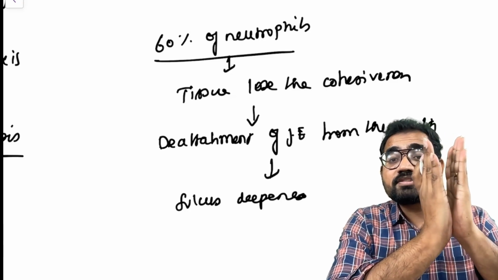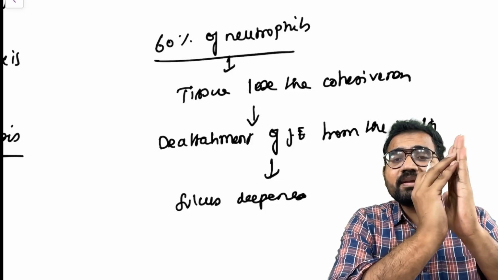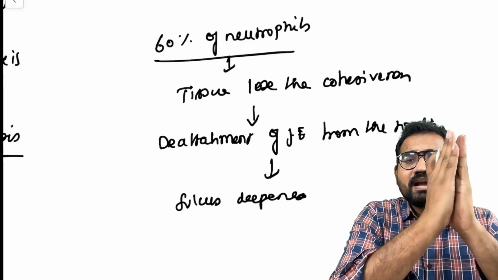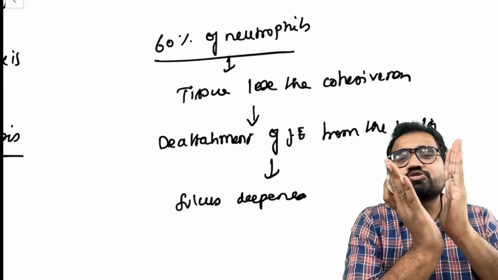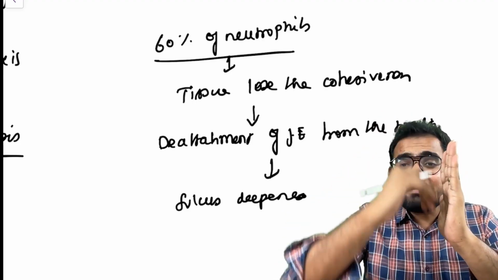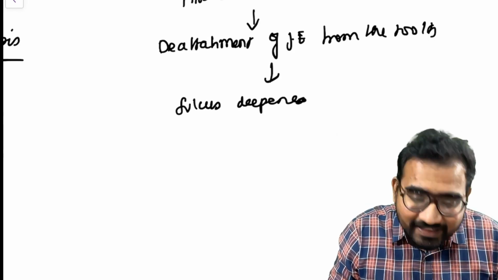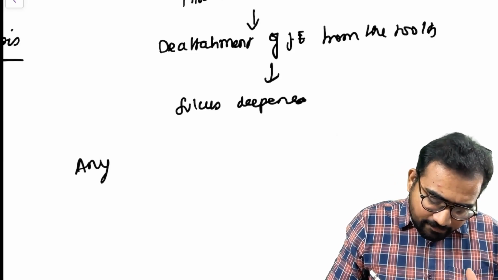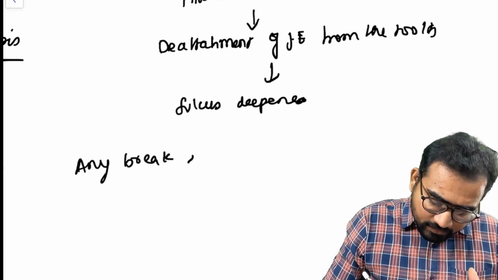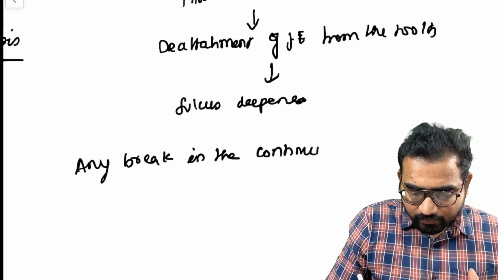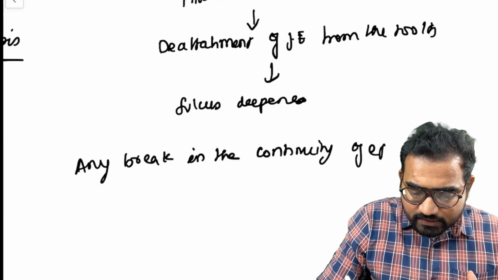And remember, it does not completely detach. Some part of the epithelium will be left on the tooth, some part of connective tissue will be left on the tooth, and it just breaks and moves away, right? Any break in the continuity of the epithelium is called an ulcer.